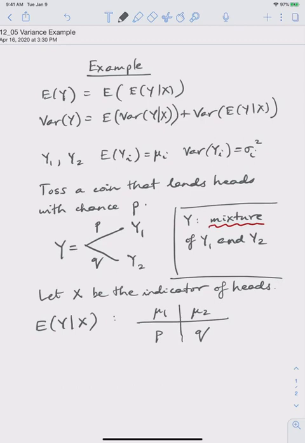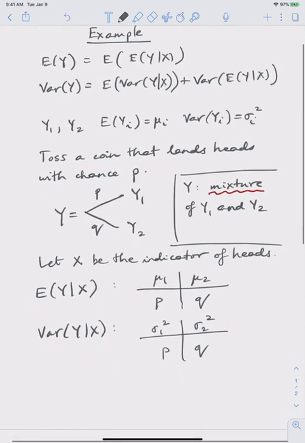And the variance of y given x is similarly a two-valued random variable. If the coin lands heads, your choice is y1, and so the corresponding variance is sigma 1 squared, and then sigma 2 squared with probability q.